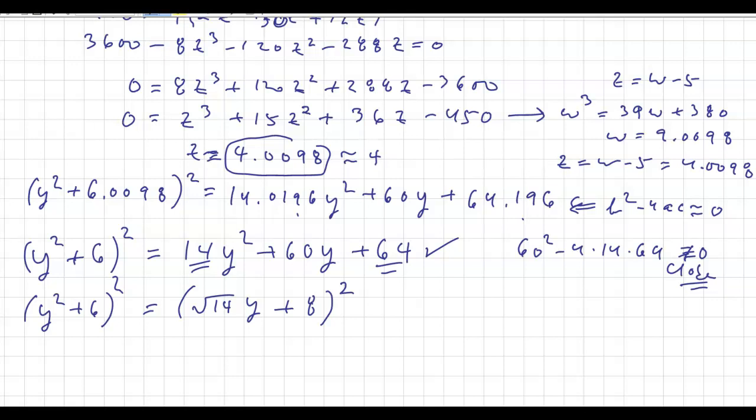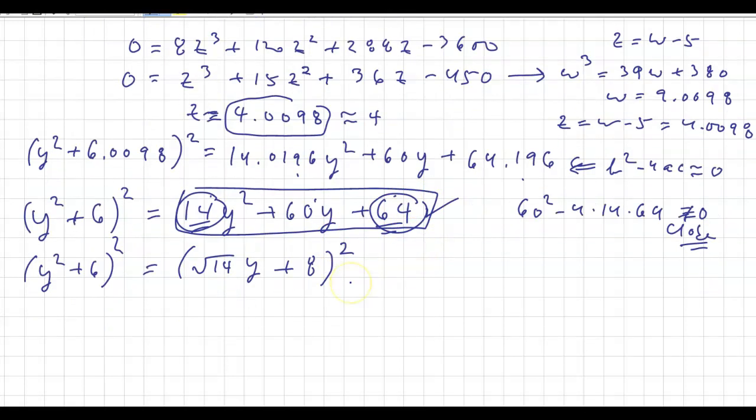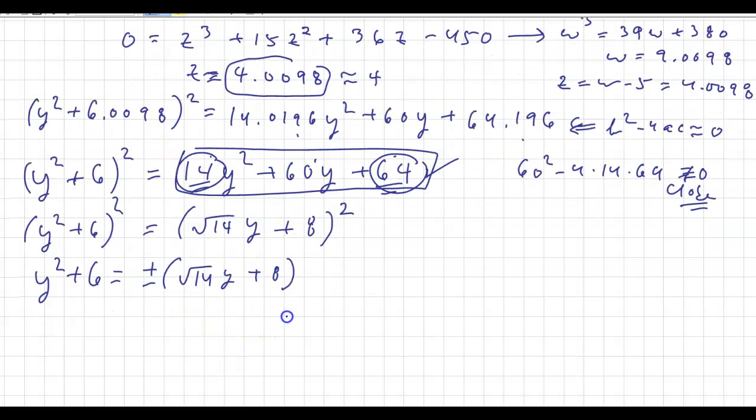Remember I said before, if this is a perfect square trinomial, because b squared equals 4ac, the factoring would be whatever the square root of this is, would be the coefficient of the y, and whatever the square root of that is would be the constant. Well, now I can take the square root of both sides. I get plus or minus square root of 14y plus 8. And that turns into two equations.